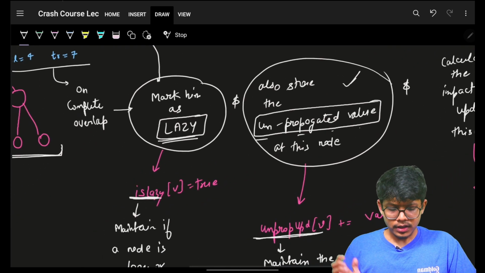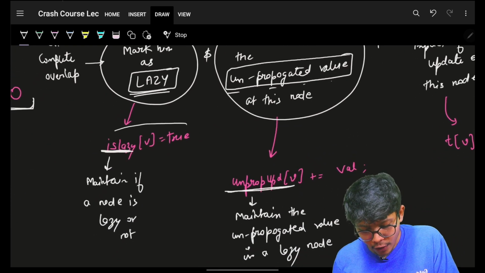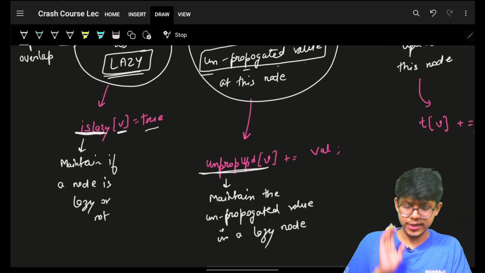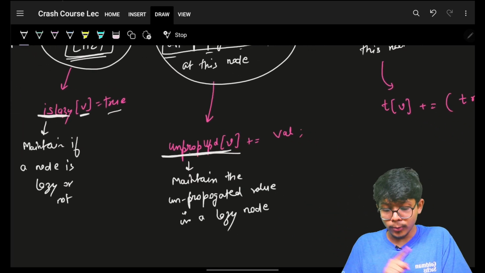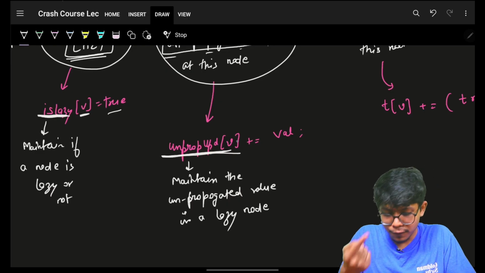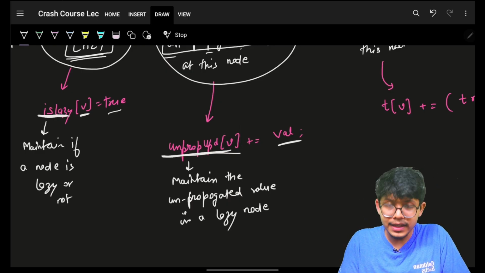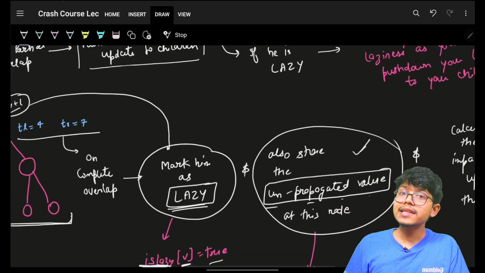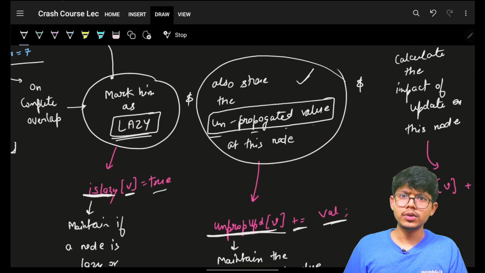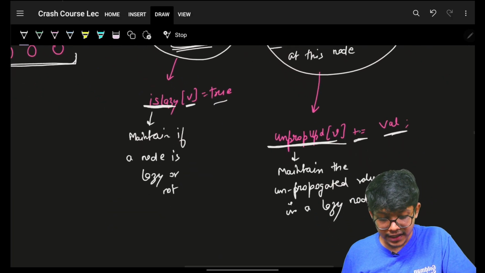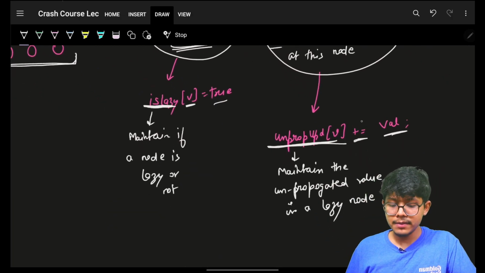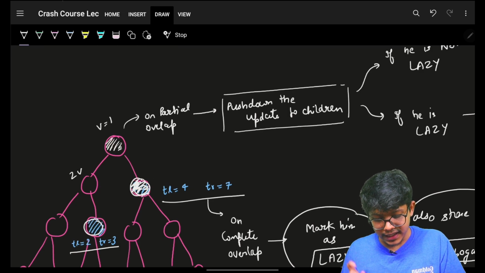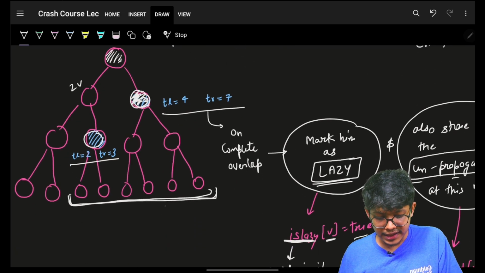Now comes the interesting part: how will you define it? You will simply say is lazy for that specific node v will be true. That's a lazy node. In the same way, for the unpropagated update for node v, simply add that value. Aryan, what did you do here? Simply, I added the value. But why? That can be a very confusing part for many people. Let's say in the very beginning I set an update in this range with the value of 10.